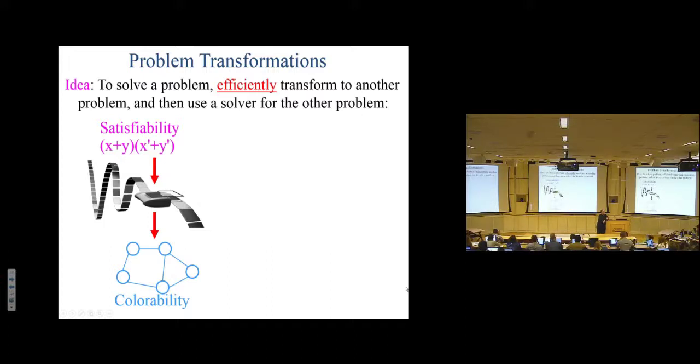Somebody describe to me how to solve the problem of whether such a formula is satisfiable if efficiency didn't matter. You can be as inefficient as you'd like. How would you do it? Try all combinations. How many see that? Brute force it. How many combinations are we talking about if we have n Boolean variables, x and y and z and w, n of them? How long does it take to try all combinations of the variables to see if one works, to make the formula satisfiable?